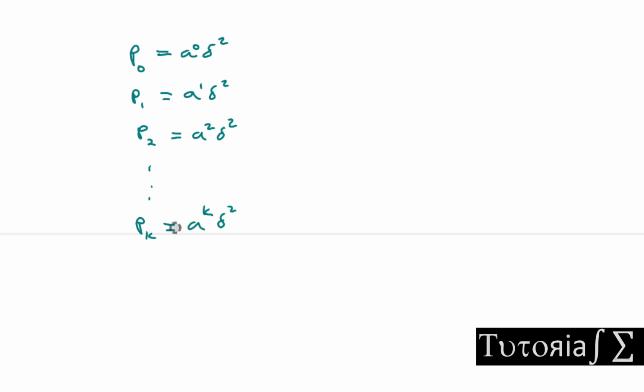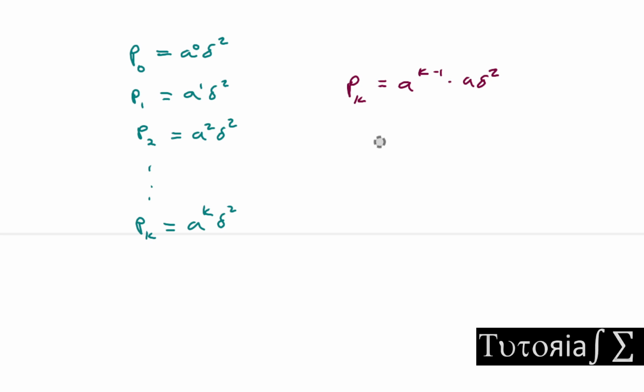And if we want to write this more nicely, we can write this in terms of row 1. So we can say row k is equal to a to the power k minus 1 times a, so that these are same bases. When the powers add, we're going to go back to k. So times the variance. So this is just row 1.